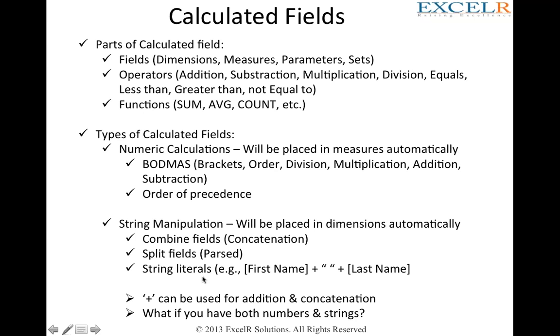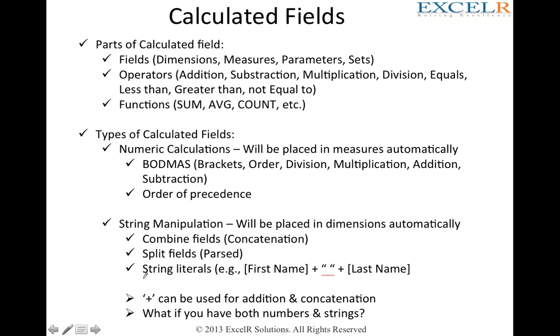And these are called string literals. Literals are nothing but values surrounded by apostrophes. What this function would do is take the first name, add a space, and then the last name. Otherwise, when you concatenate, first name and last name would get mixed, both combined.